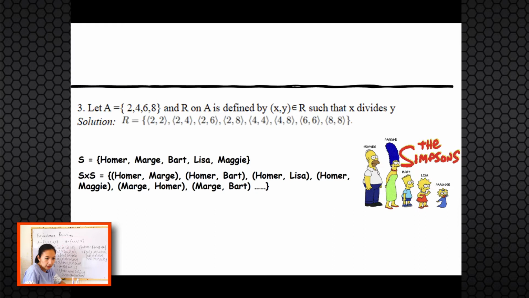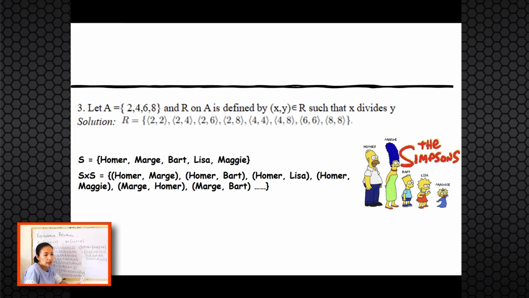How is this read? Let me read it. Let A be the set consisting of the elements 2, 4, 6, 8. And R here refers to the relation. How are the numbers being matched? What is the rule that assigns one number to another number? That is R.